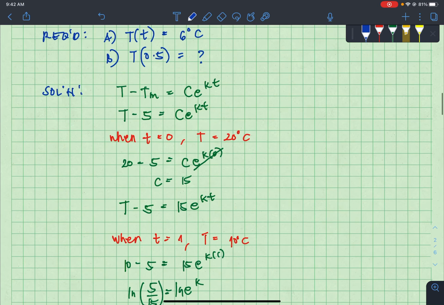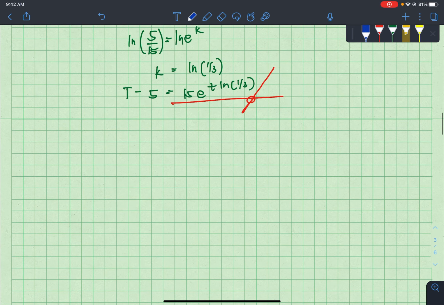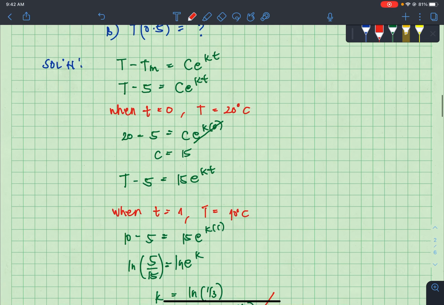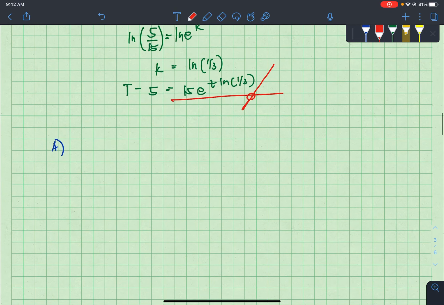So let's solve. For A, that is when the temperature is 6 degrees Celsius, so what will be that time? To solve that, we have our formula.